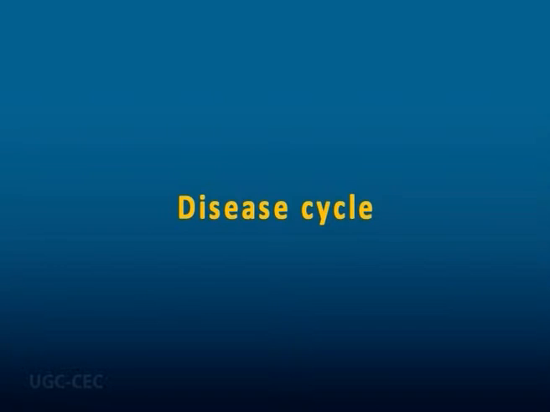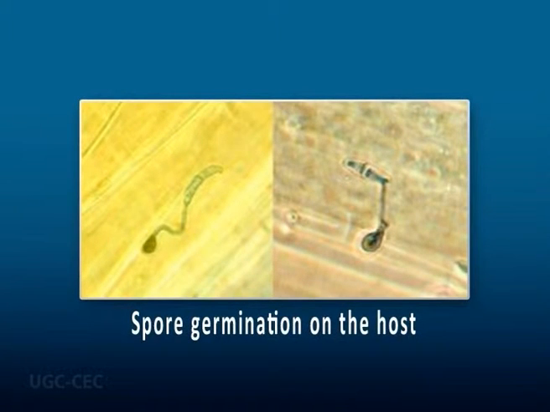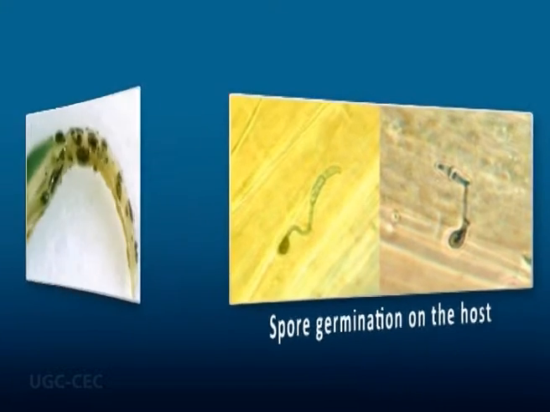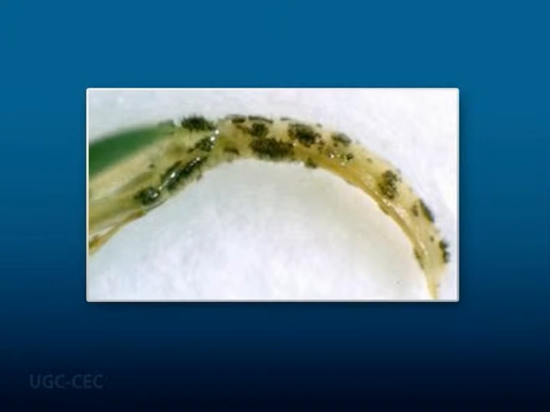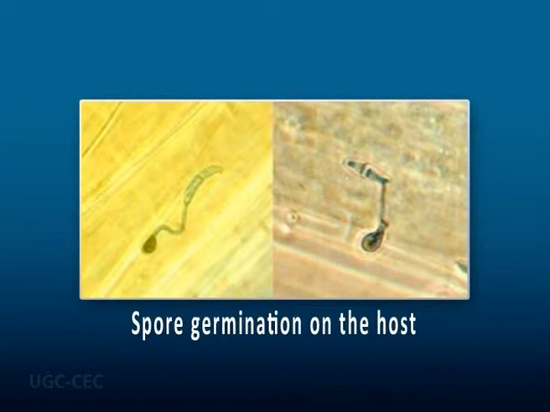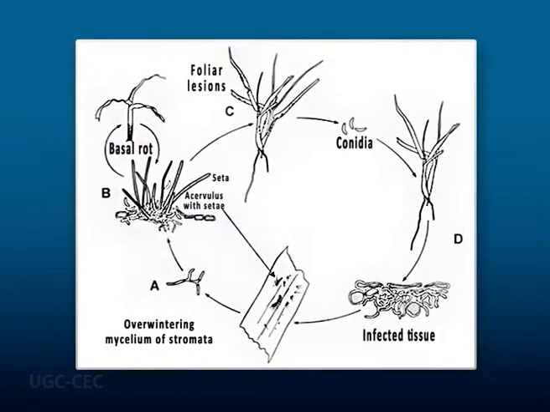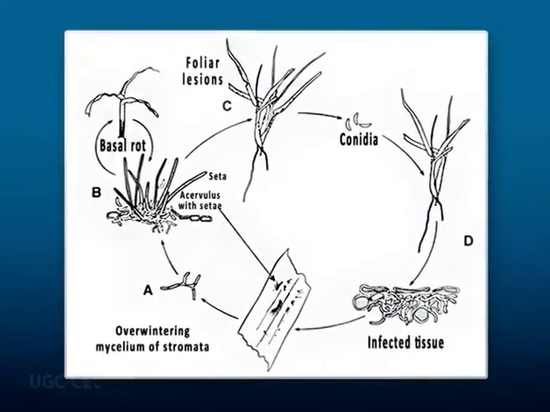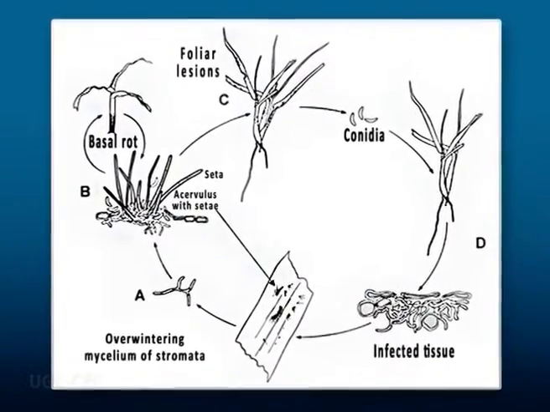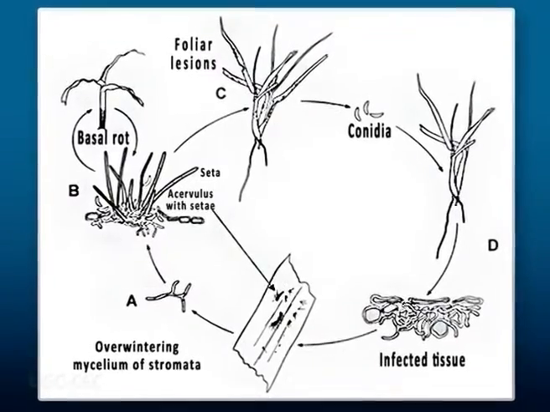Now, disease cycle of this pathogen. Spores are produced in acervuli, and these are water splashed onto crowns and foliage. The spores germinate, produce appressoria. Appressoria serve to anchor the fungal filaments to the plant surface and directly penetrate into the plant epidermal cells.